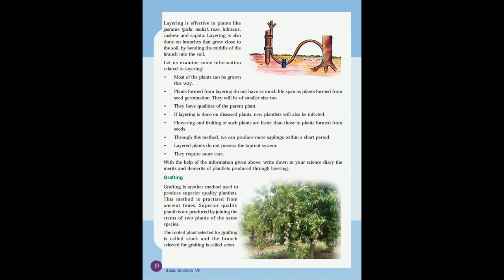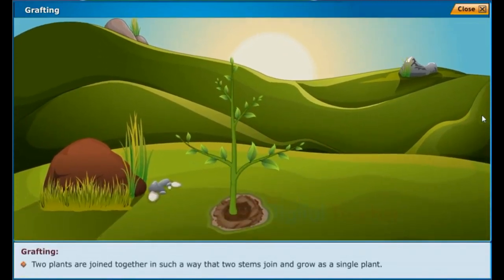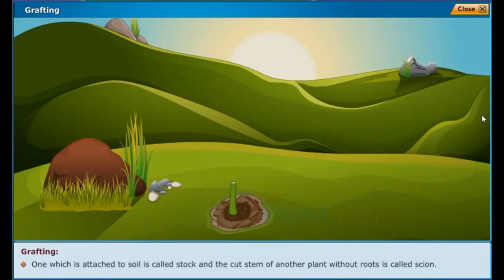Grafting. Two plants are joined together in such a way that two stems join and grow as a single plant. The one which is attached to soil is called stalk, and the cut stem of another plant without roots is called scion.